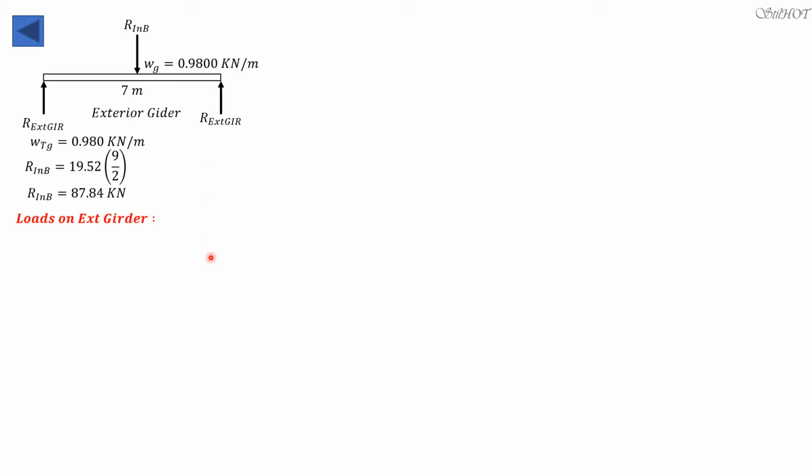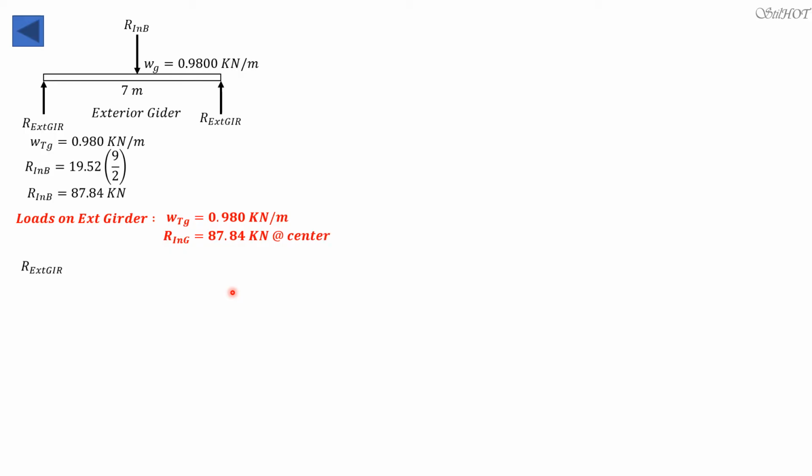So the loads on the exterior girder would be 0.98 kilonewton per meter, and a concentrated load at the center of the exterior girder, which is equal to 87.84 kilonewton.